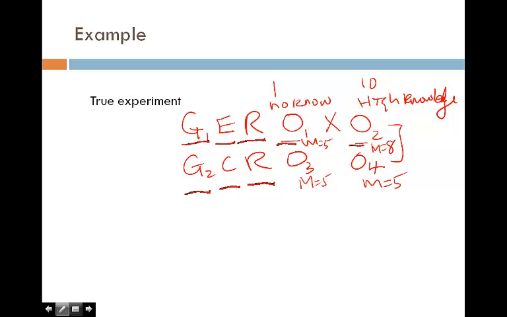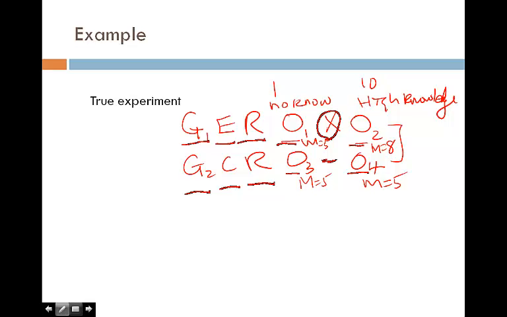So we can see how the treatment works, how observation 2, the post-test, changes after the treatment. Observation 3 is the pre-test for the control group. Observation 4 is the post-test, and the control group is without the treatment here.